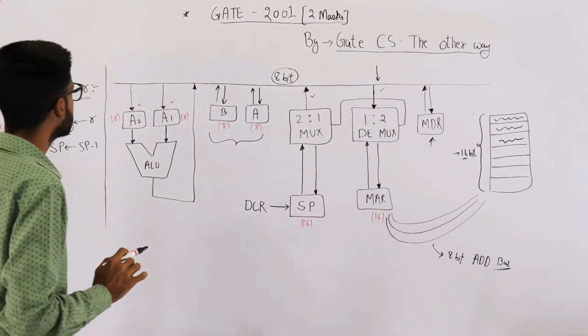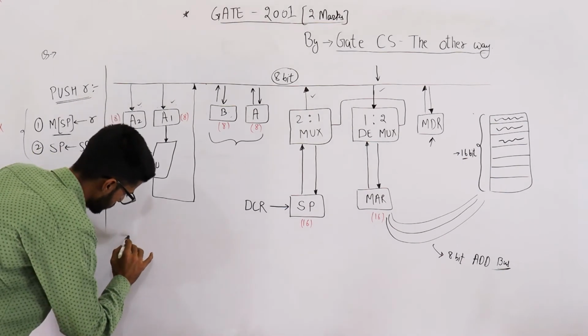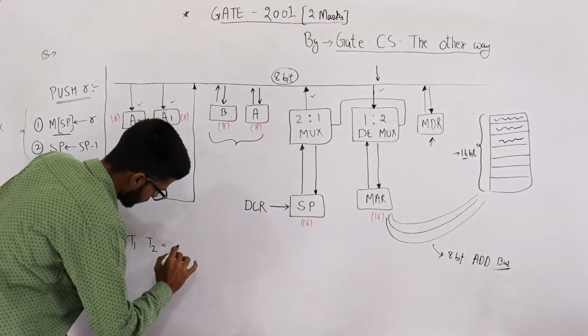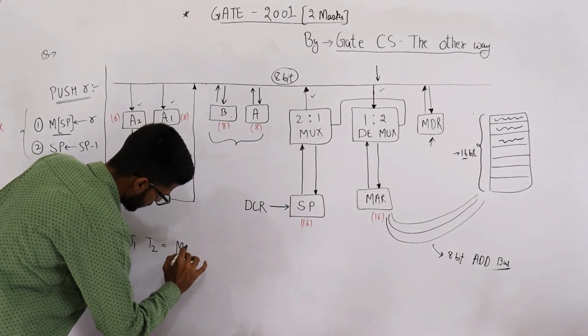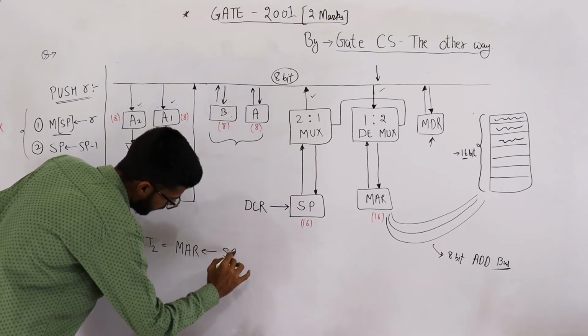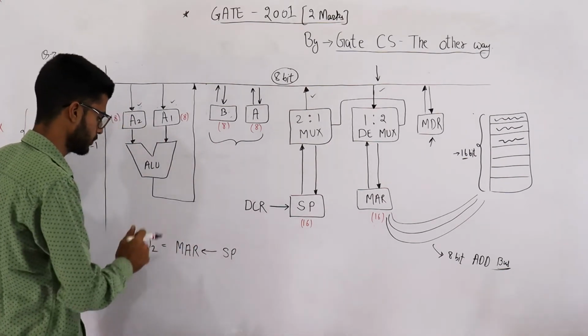So I'll write down the sequence here. T1 and T2: in these 2 cycles, we are saving address into memory address register. So SP's value moves here.